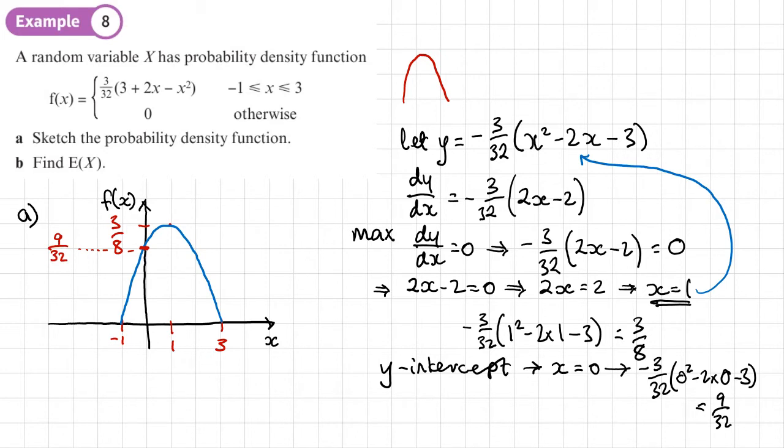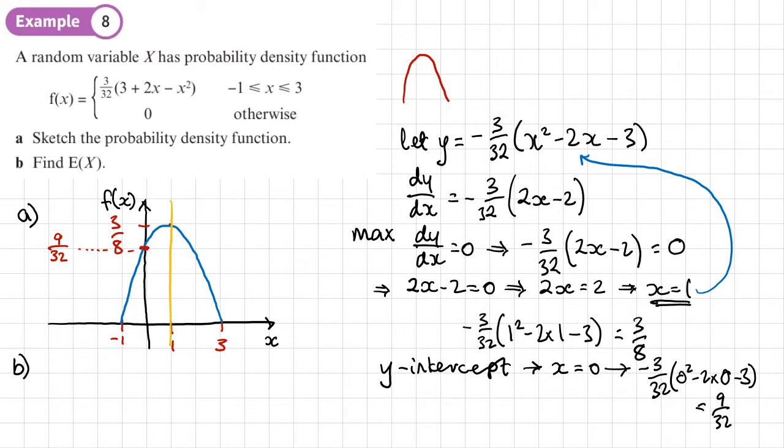Right, so part B, we want to find E of x. Normally we'd multiply this by x and use integration between the limits of -1 and 3 to find the mean. But if you have a look at this graph, it's symmetrical about this line here.